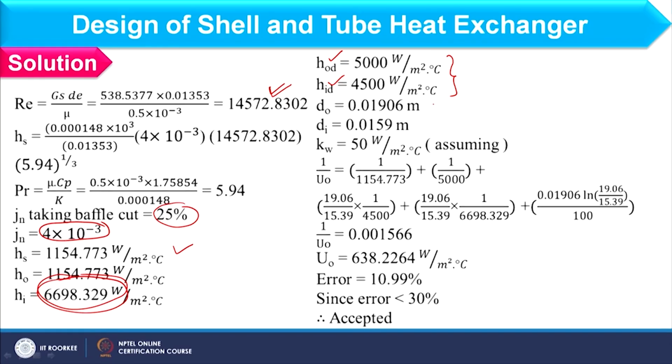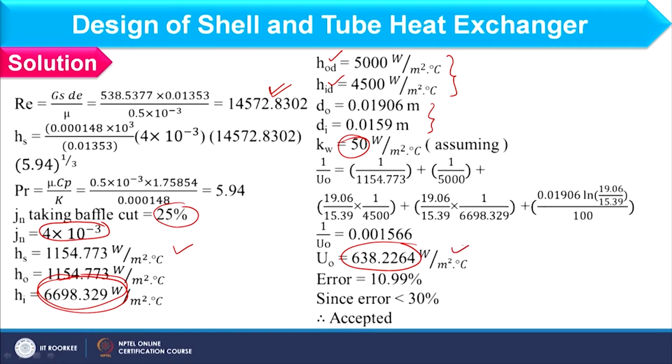Equivalent OD and ID of the tube you already know, and thermal conductivity we have assumed as 50 watt per meter degree Celsius, and based on that the overall heat transfer coefficient we can obtain as 638.226 watt per meter square degree Celsius.